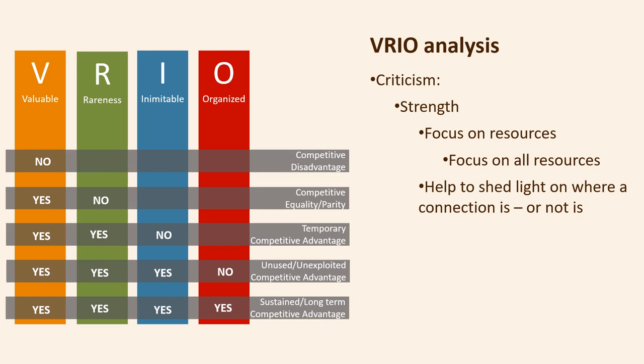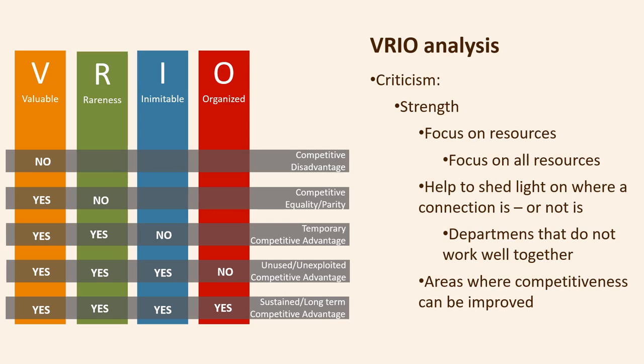The analysis can help you to shed light on where a connection is, or is not but should be. Among other things, it can reveal whether there are departments that do not play together in the organisation and thus do not get the optimal input or output. The model produces areas where one can work to improve competitiveness.